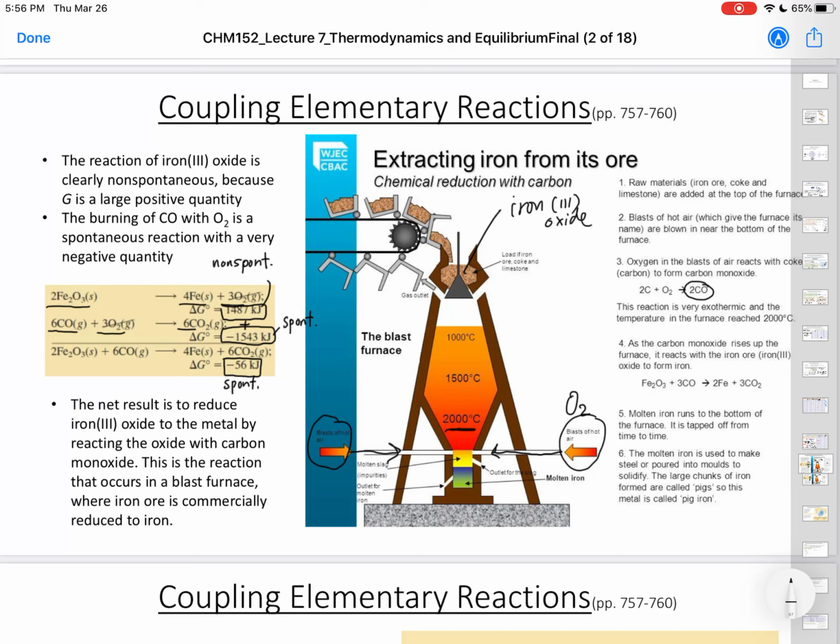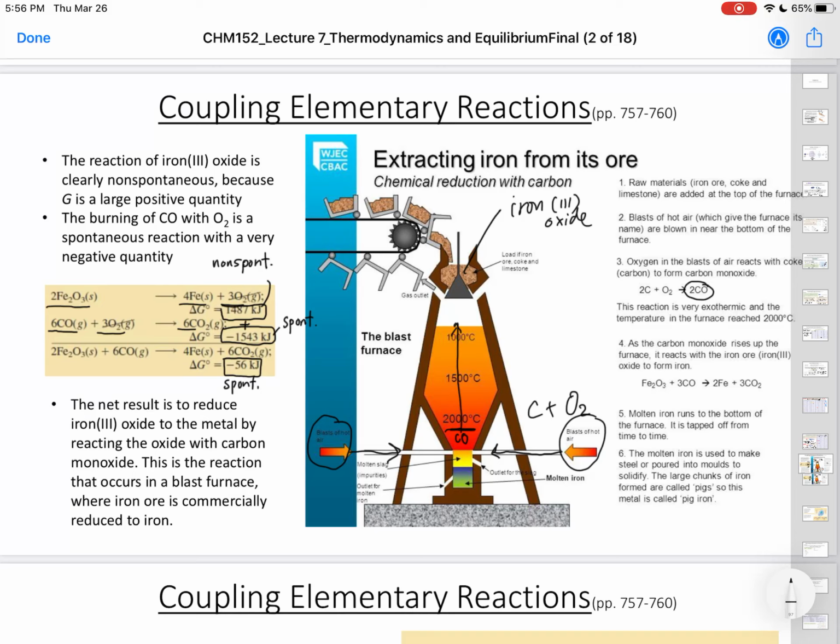It produces a lot of heat. It's very, very hot, here you have about 2,000 degrees Celsius. So here carbon monoxide is being produced, because you have carbon plus oxygen producing carbon monoxide, okay?